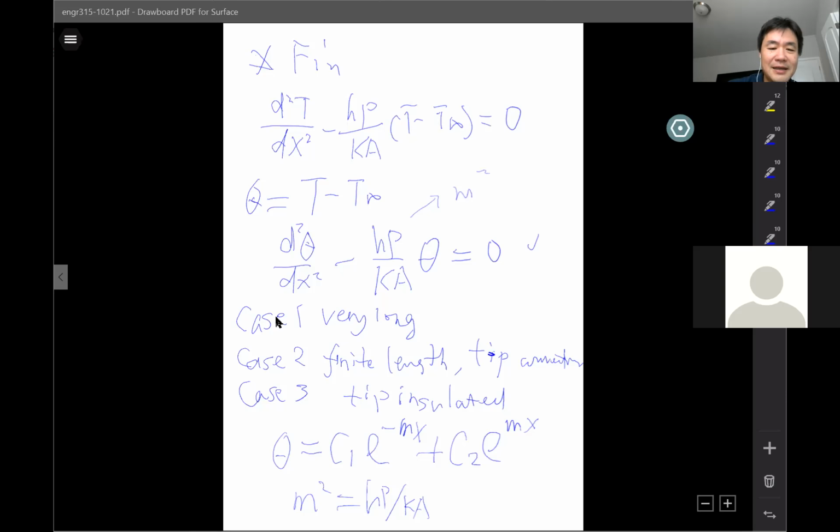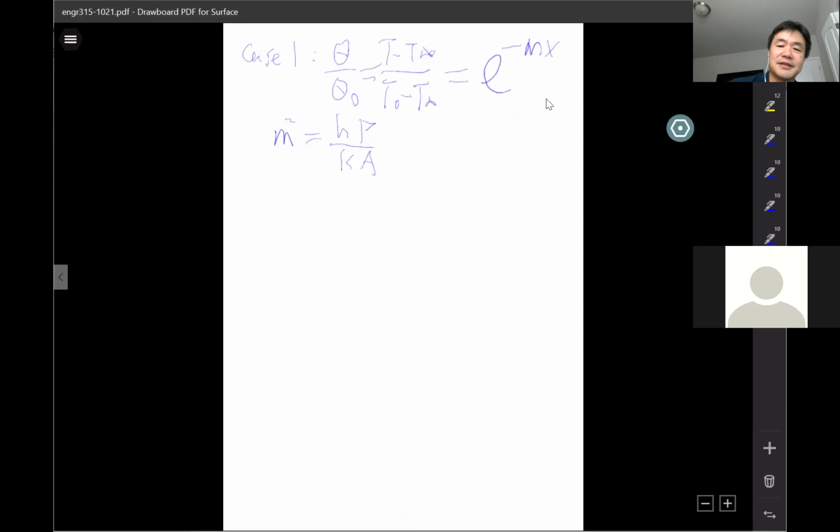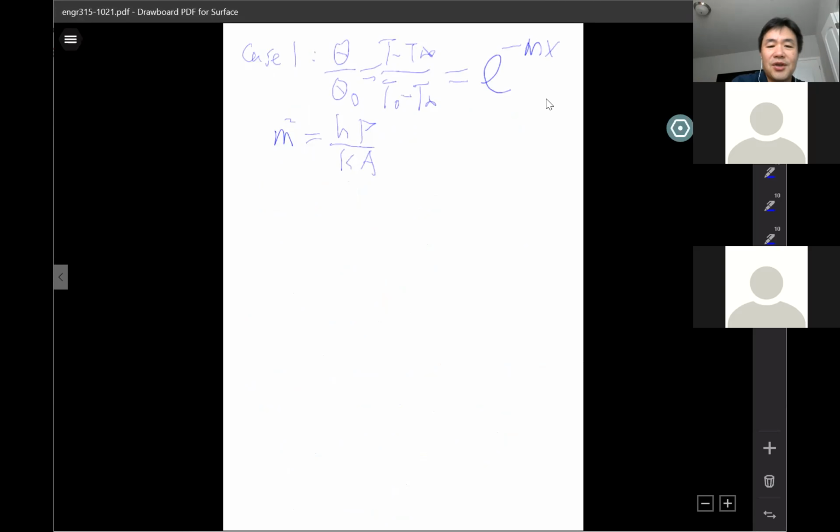So when you apply the case 1 condition, the solution becomes this. That's good, because m comes from properties, h and k, P is the perimeter, and A is the cross-section area, so you should be able to get m pretty straightforwardly. The temperature theta, or T, is a function of x.